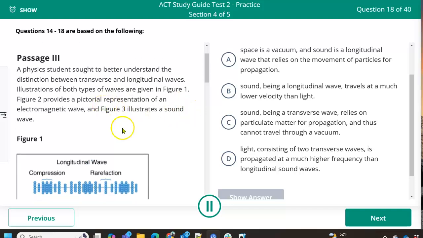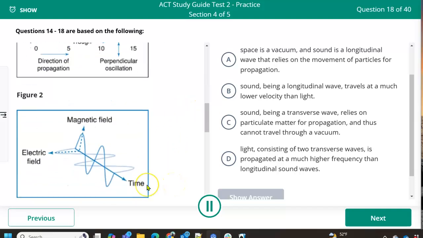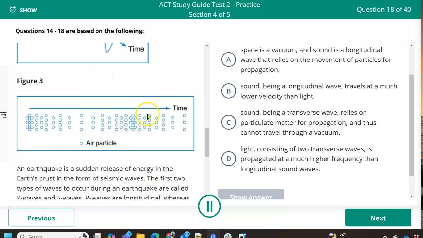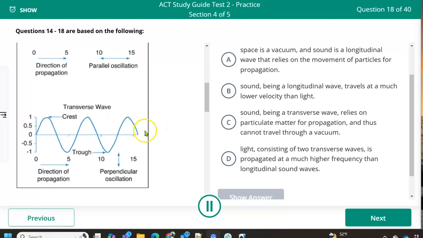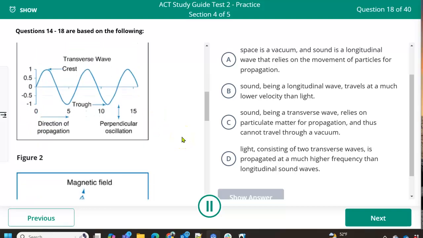Oh, I see. Figure 3 illustrates a sound wave. Okay, so sound is a longitudinal wave. It is not a transverse wave. So, all right, right away, I'm going to eliminate C because sound is not a transverse wave.